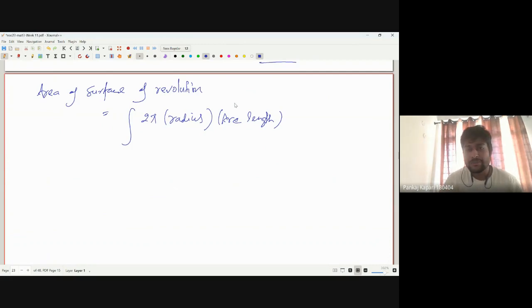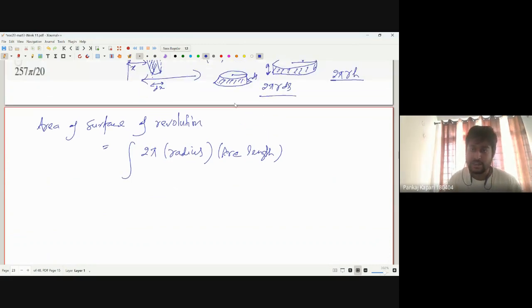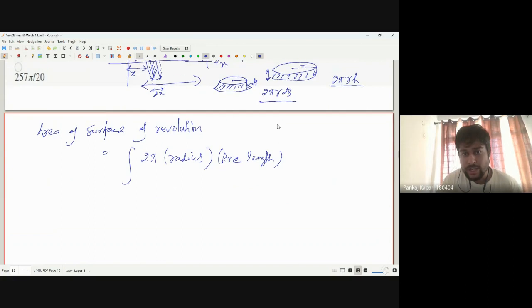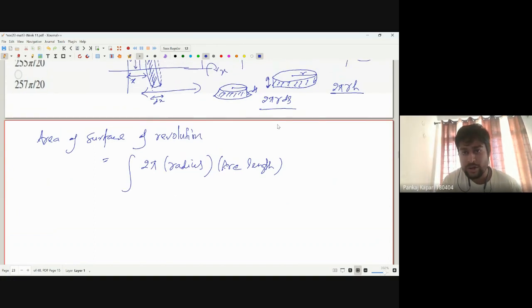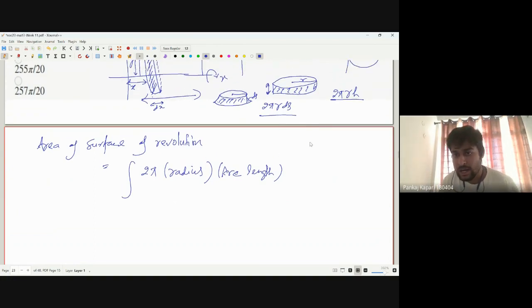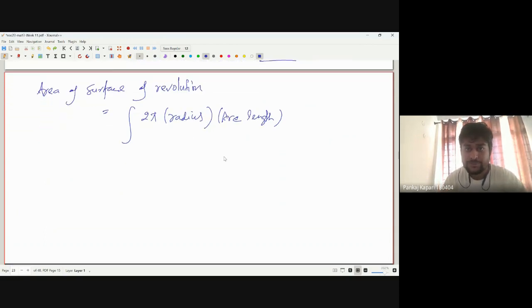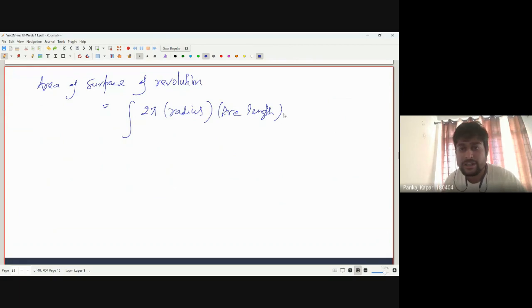Now for the integration, you have to see which variable you are taking for integration, because this arc length ds can be written both in terms of x or y. So we will write this in terms of x or y, whichever way is easier. So this is your area.